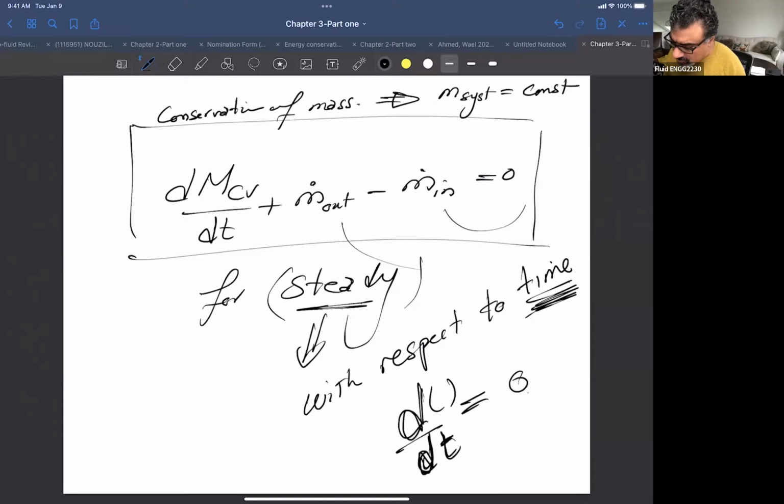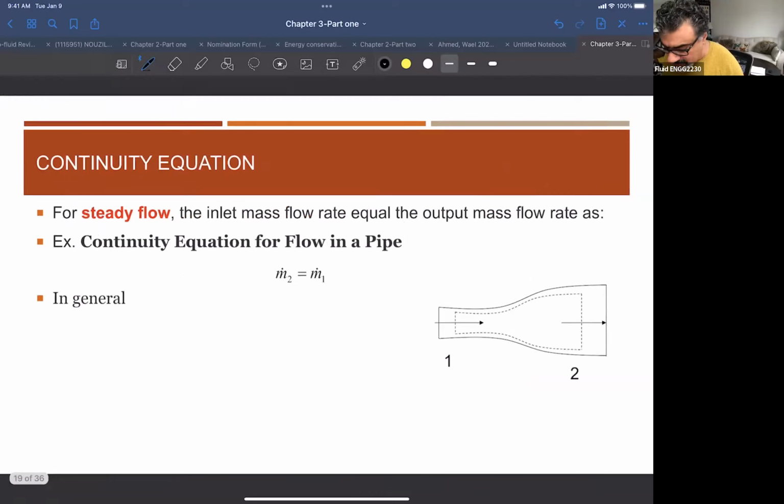So if we are talking about steady flow here, that means this term is going to disappear, right? In this case, if I have a steady flow, the inlet mass equals the outlet mass, right? And this is what we call the simple continuity equation.